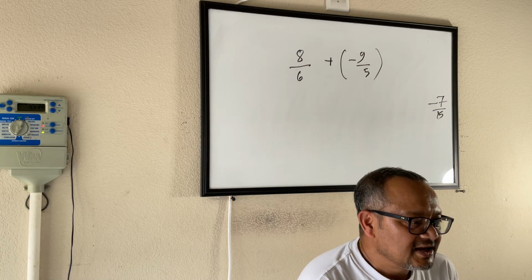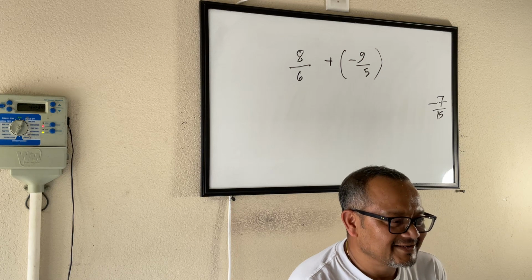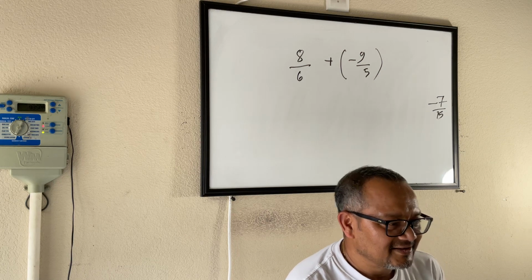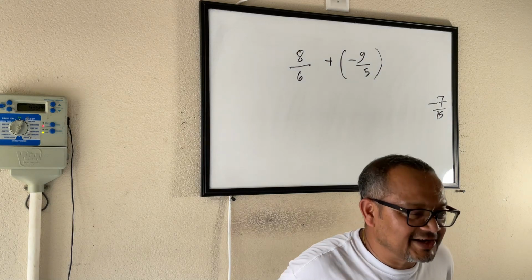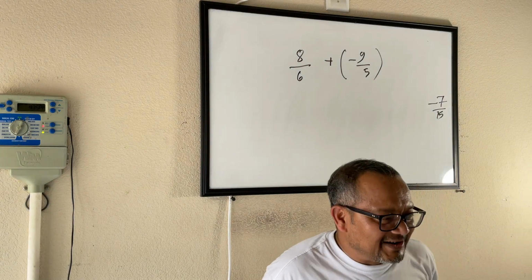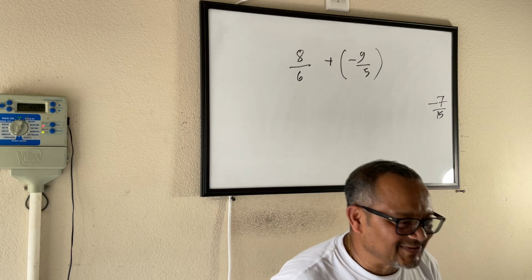Yes, Sandrine and Celine. We got minus 7 over 15. This time Sandrine and Celine corrected the English part of it. We got the same answer. Wonderful.